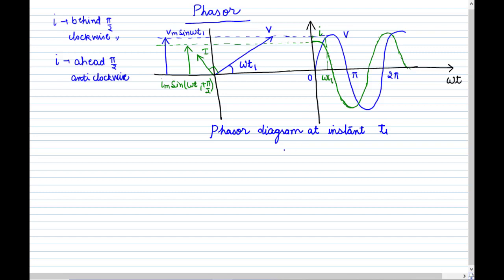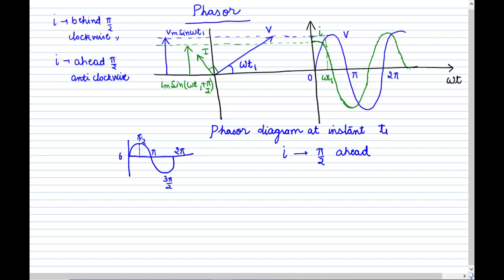And if our current I is ahead by pi by 2 from the voltage, then how much is it ahead in the time period? Just draw a complete cycle like this. Then this is 0, this is pi by 2, this is pi, this is 3 pi by 2, and this is 2 pi. This is a complete cycle.